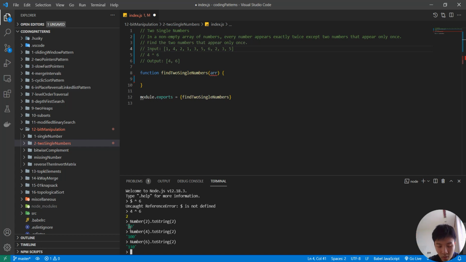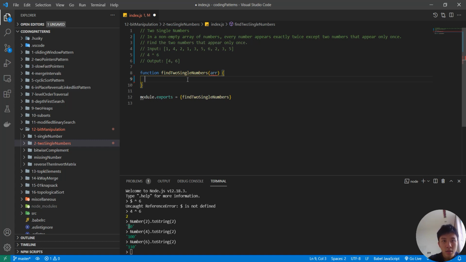The idea is to XOR all numbers together in each group. Because all the numbers that appear twice will eliminate each other, we end up with the two single numbers in two different groups. Let's try to code it out so you can see it more clearly.